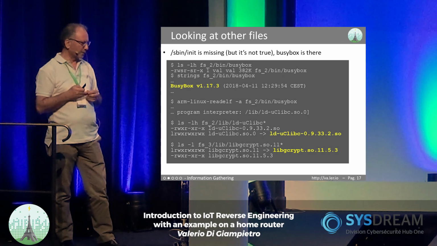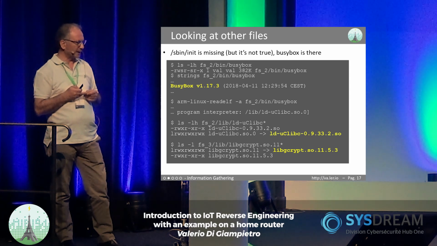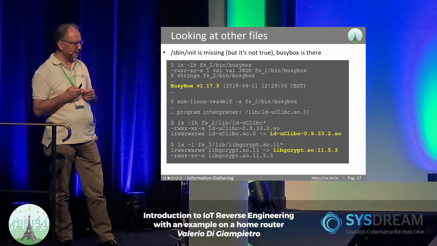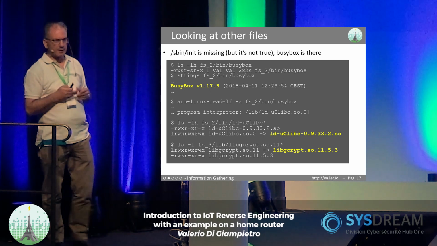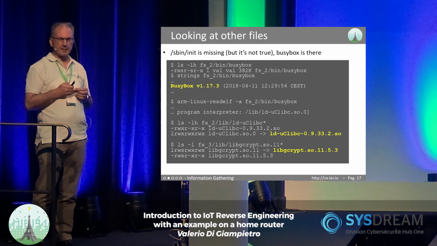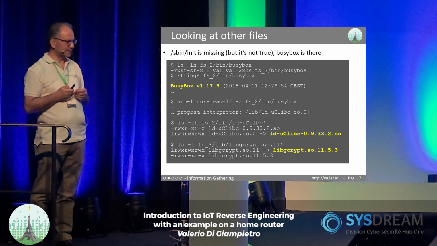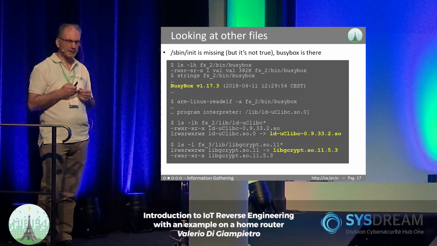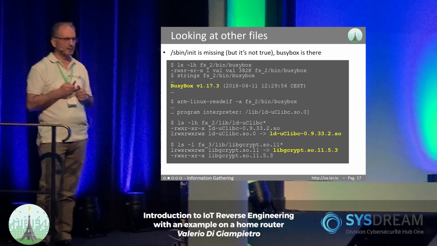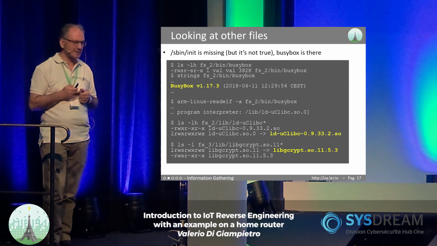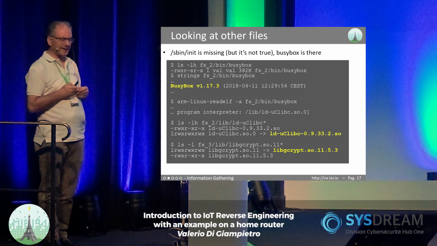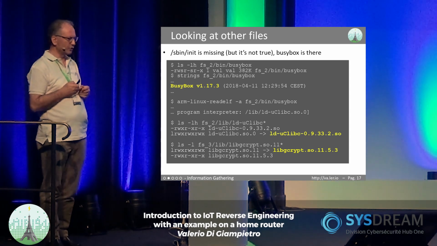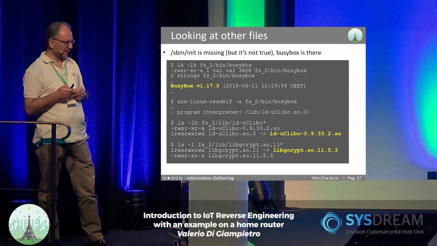Using the cross toolchain readelf command, we can also understand that the system is based on musl libc. Musl libc is also quite popular in embedded devices because it implements a lot of functionality of the libc library, almost everything the GNU libc implements, but with a much smaller footprint. We can also look at other libraries, for example, the libgcrypt library and other libraries and their version.